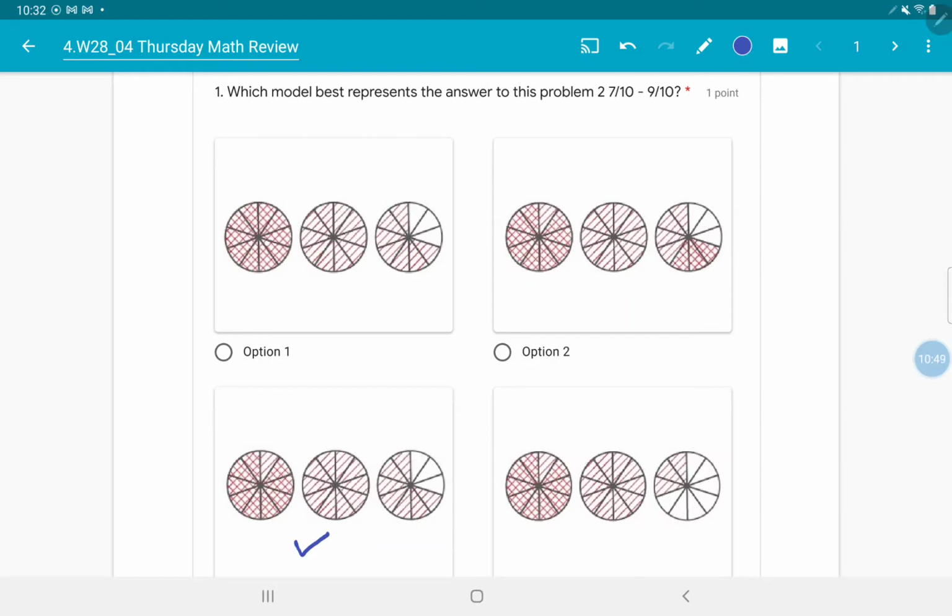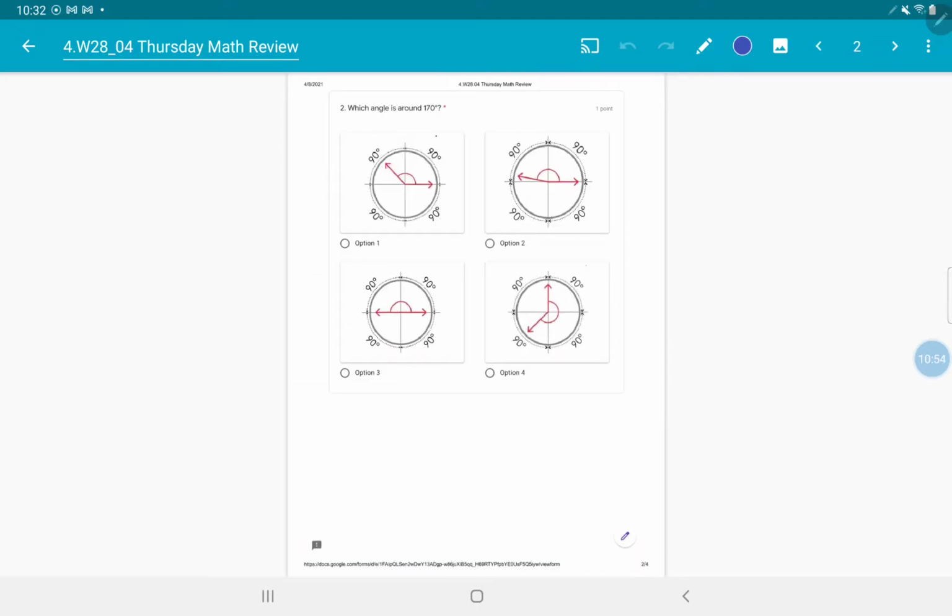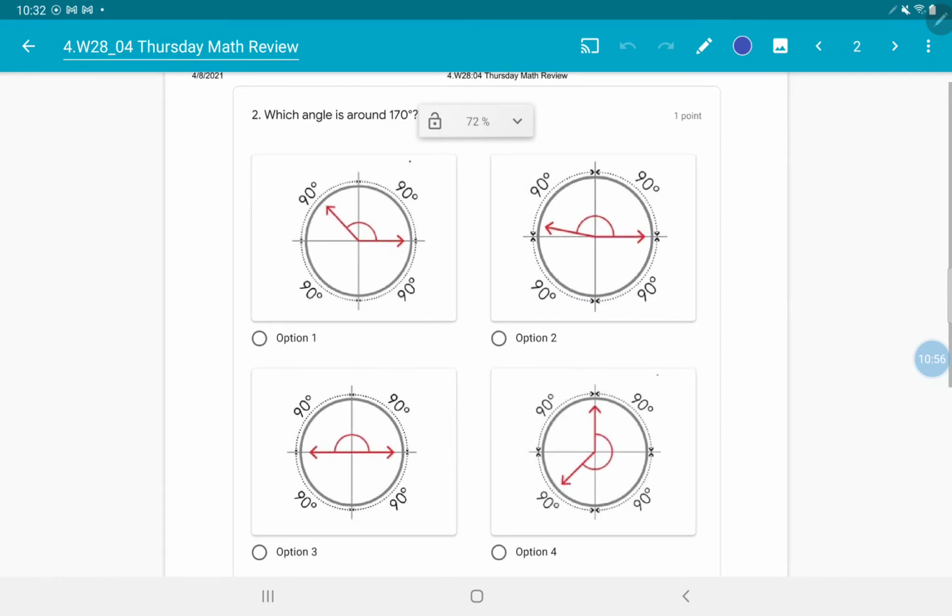All right. Let's look at number 2. Which angle is around 170 degrees? Which angle is around or about 170 degrees? Christopher?